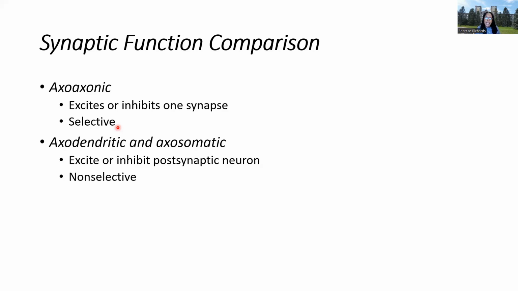So the way that presynaptic modulation differs from your typical synapse is that the axodendritic and axosomatic synapses are non-selective. As long as it's synapsing onto the soma or the dendrites of the neuron, it's always going to be taken into account as far as neural integration. But for the axoaxonic synapse, it's only going to influence that specific synapse at which it is modulating.